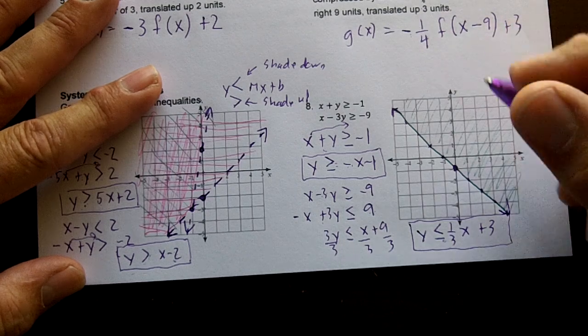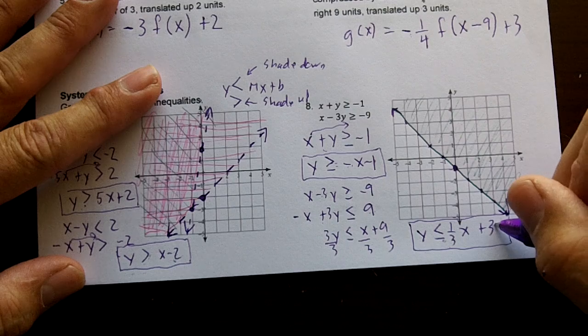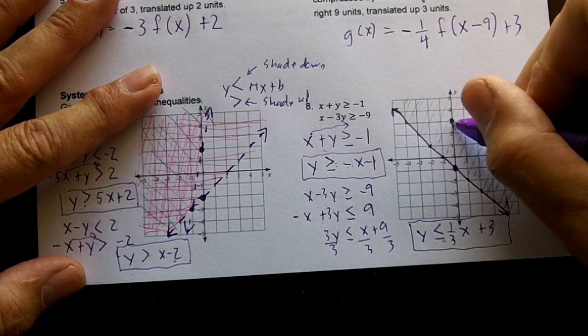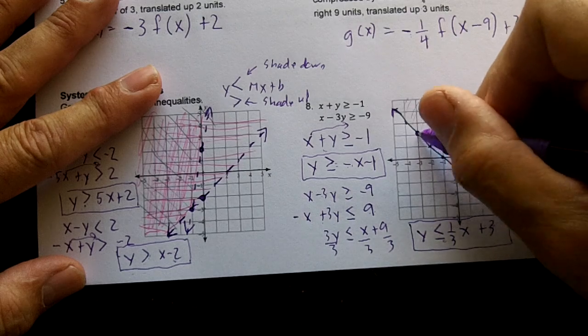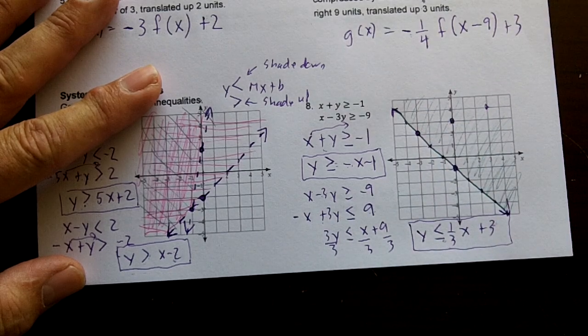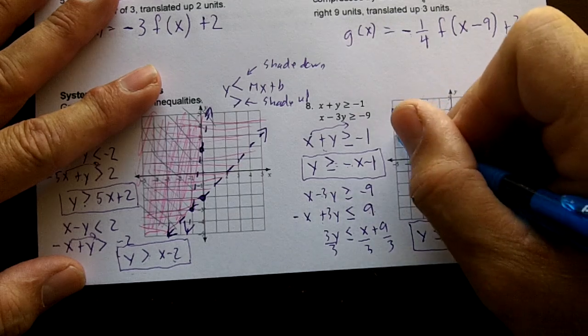Now let's graph the other line. So we have y less than or equal to 1/3 x plus 3. The y-intercept is 3, and we're going to go up 1, right 3, and down 1, left 3, aren't we? I'm going to graph this line in light blue, and it's going to be a solid line.